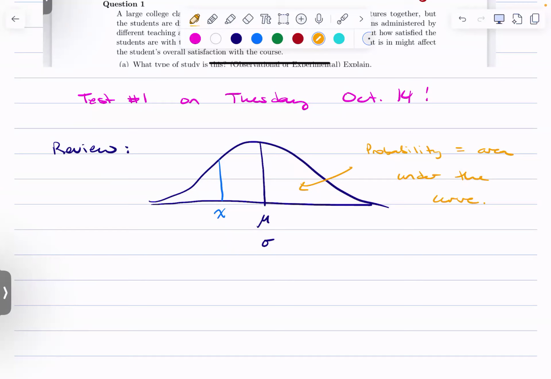So if I want to find the probability of being less than x, right? Really what I'm asking you to find is this area, right? How do we do that?